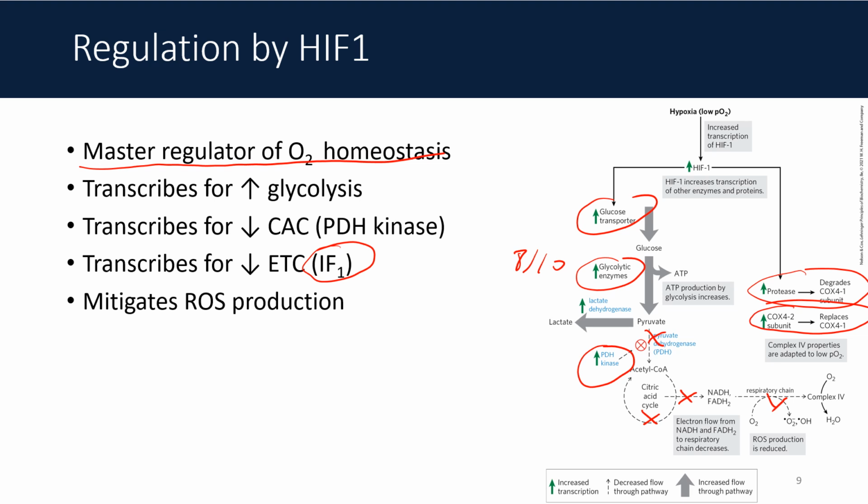And that's really the core principle here. All of these changes are going to work together to greatly mitigate the production of radicals. And it's all thanks to this factor. And it achieves that by decreasing the activity of our oxygen-dependent pathways and increasing flux through the anaerobic ones.